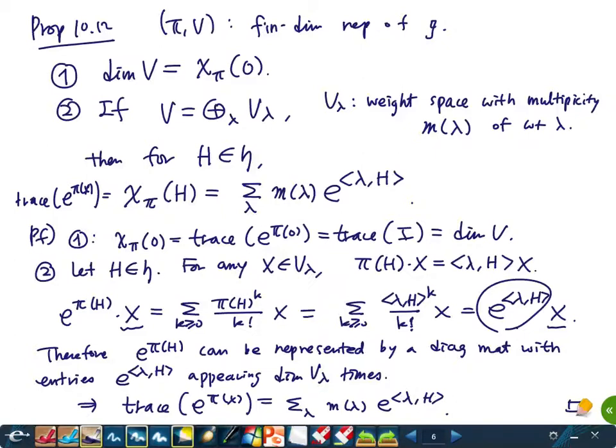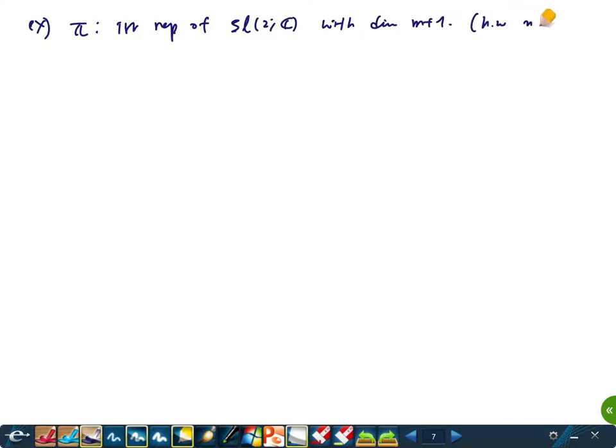Okay, let me give you an example with this SL2 case. Example: pi is an irreducible representation of SL2 of dimension m plus 1. So it's finite dimensional. That means the highest weight is m, or mu equals m. Then the rank is 1, so the Cartan subalgebra has dimension 1, and we know that this can be taken as the basis.